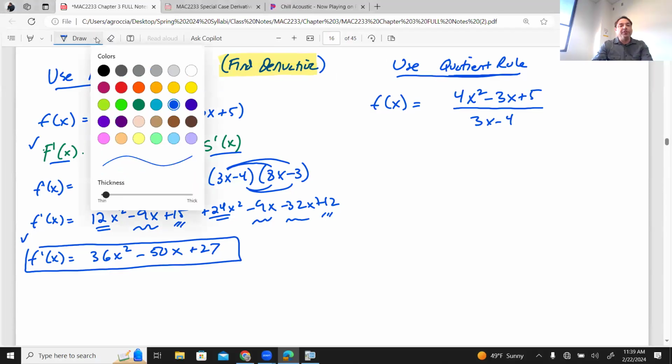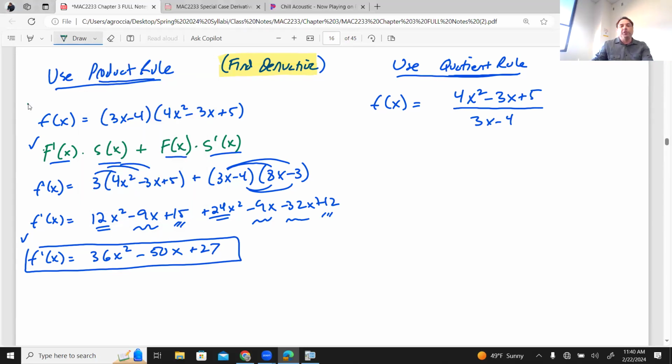So the next one, we have two things being divided. So we're going to use quotient rule. So remember, quotient rule is derivative of the top times the original bottom, minus the original top times the derivative of the bottom, all over the original bottom squared. Okay?